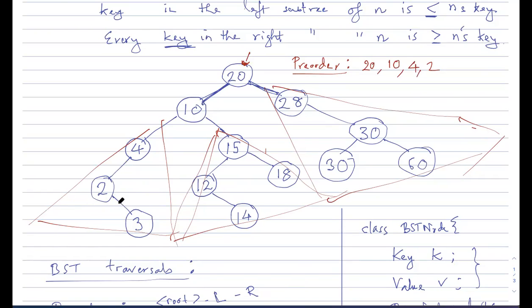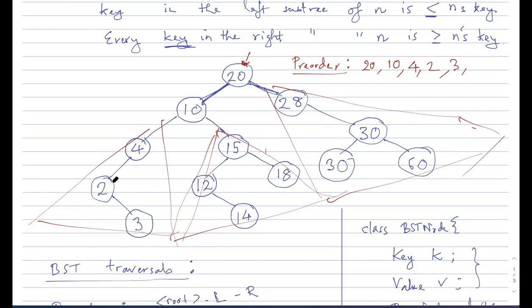So after printing 2, it tries to visit the left subtree, right? But there is nothing to visit, so it goes to the right subtree. In the right subtree, it got 3, so it prints itself, and then looks for left subtree, right subtree. It doesn't have anything, so it's done.